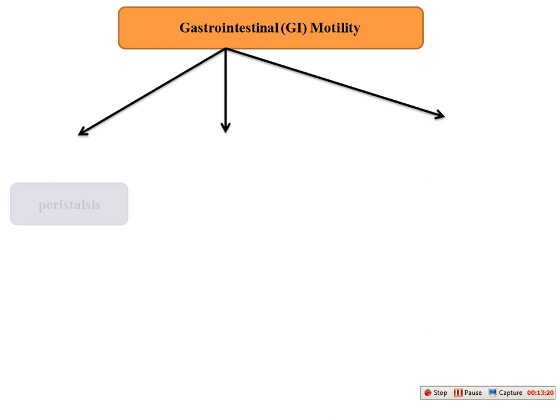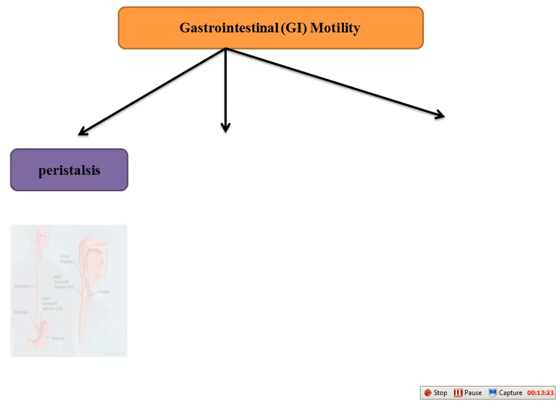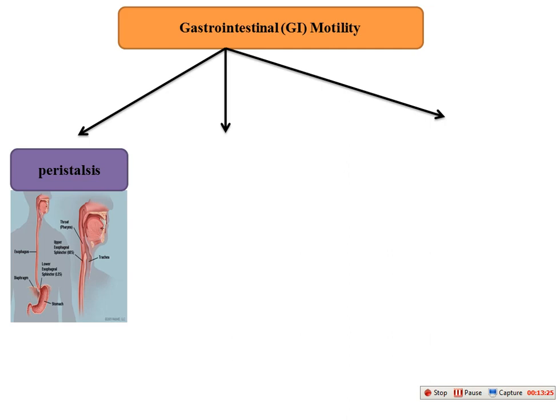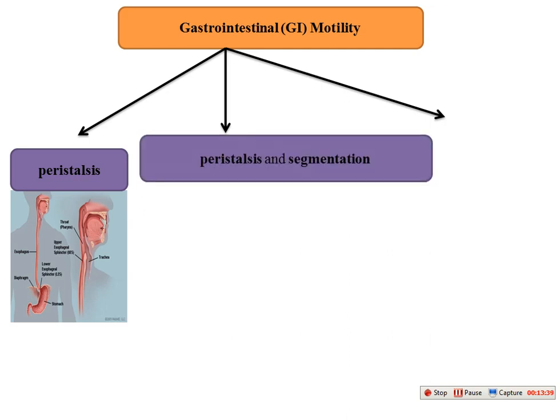And the other subject we want to speak about is the motility of the digestive system organs, and we have three types of movement. The first one is the peristalsis movement, which occurs in the esophagus and some of it in the pharynx, as well as a little in the stomach during emptying. And we have the peristalsis and segmentation movement, which occur mainly in the small intestine.